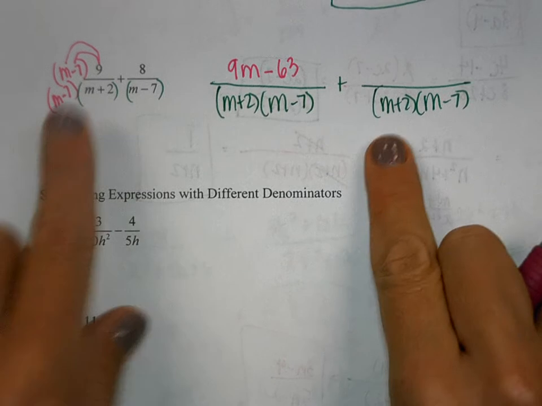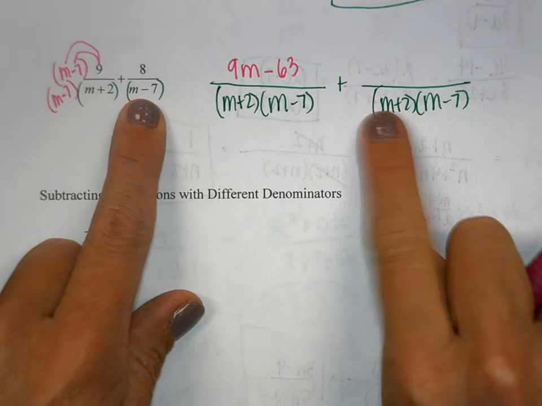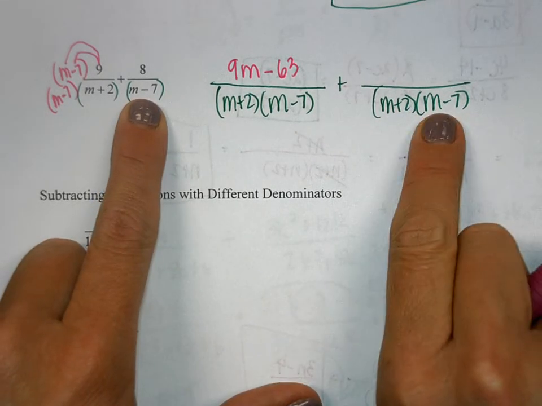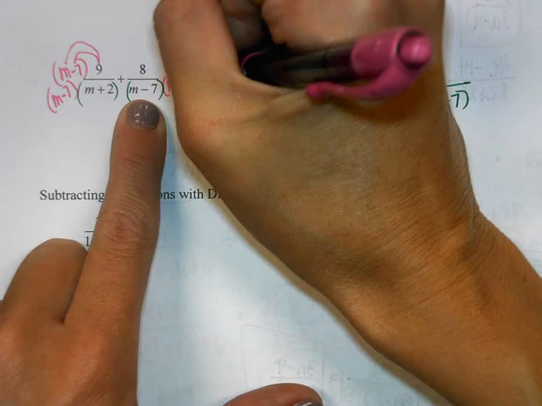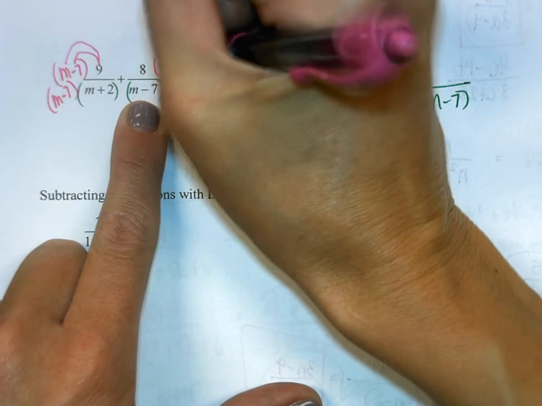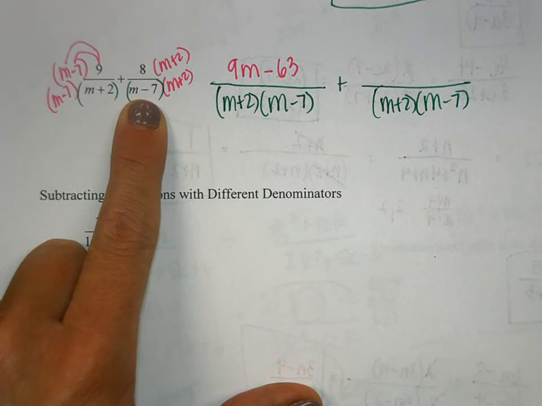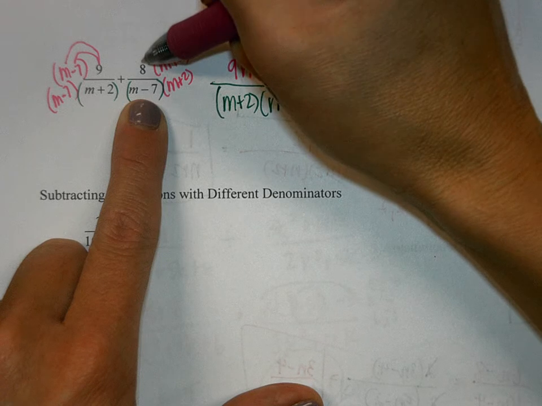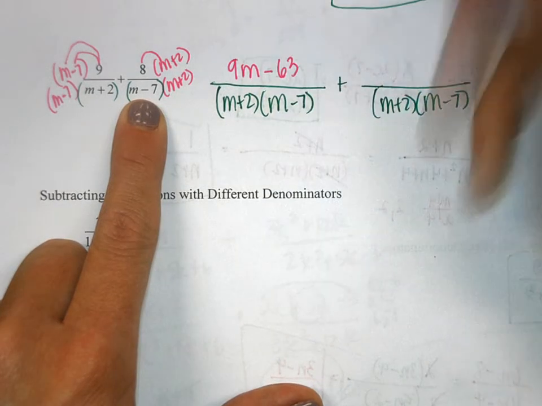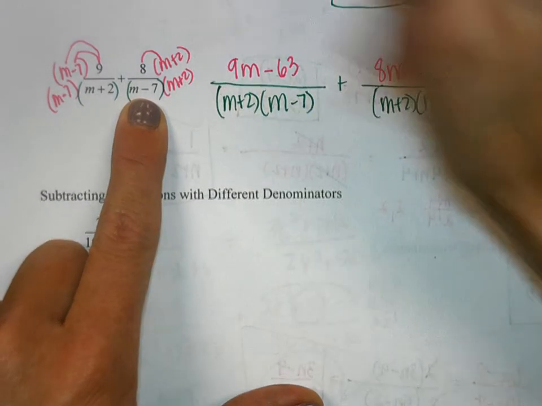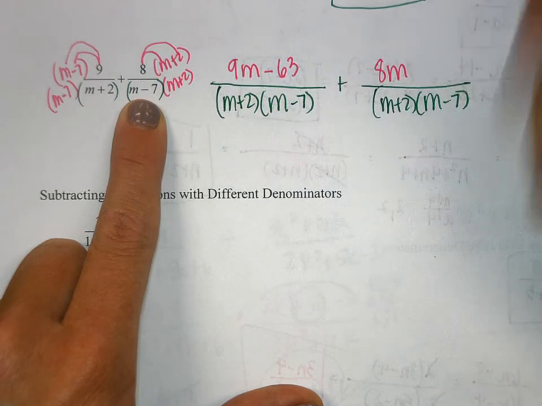So I already have the m minus 7, but in order to make it the m minus 7, m plus 2, I need an m plus 2. And so I have to multiply the top and the bottom by m plus 2. And I'm going to do what? Distribute, right? So 8 times m makes 8m, and 8 times 2 makes 16.